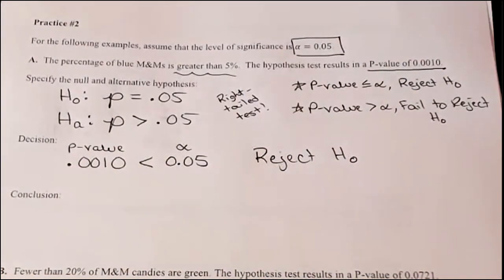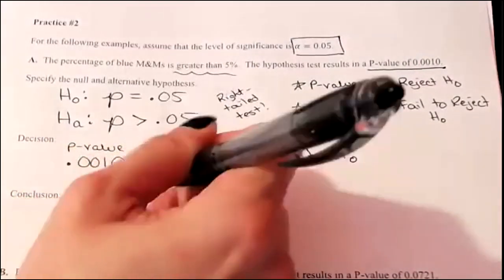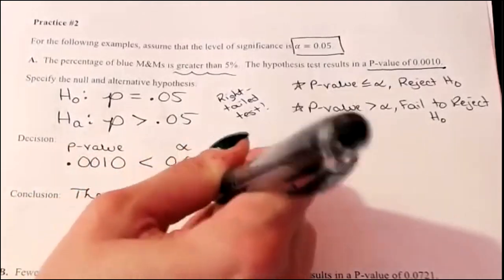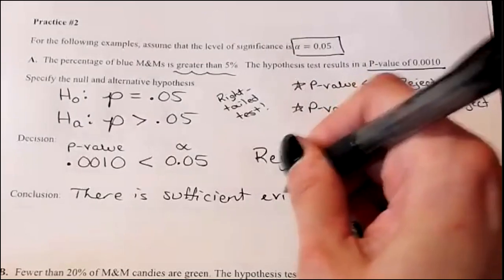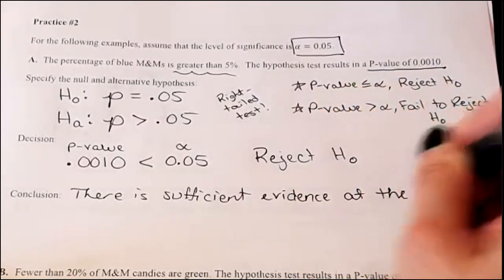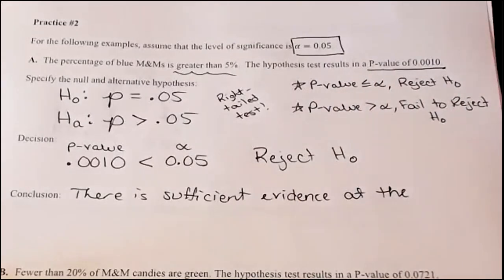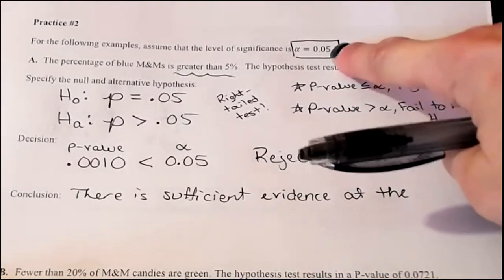And now let me show you how you write your statement. There is sufficient evidence at the, now we need to write out the level of significance, and the level of significance is our alpha, which is 0.05.